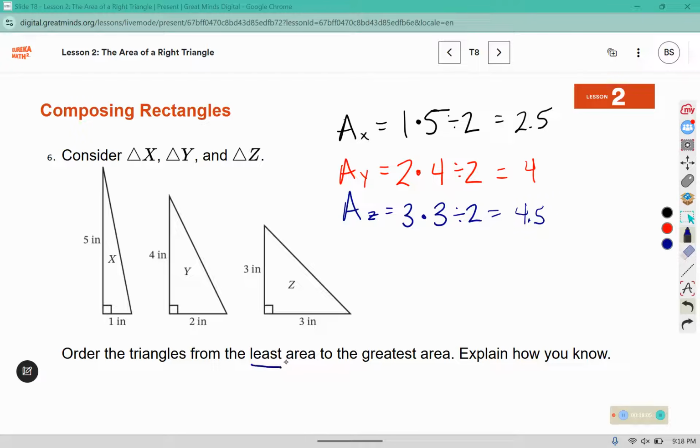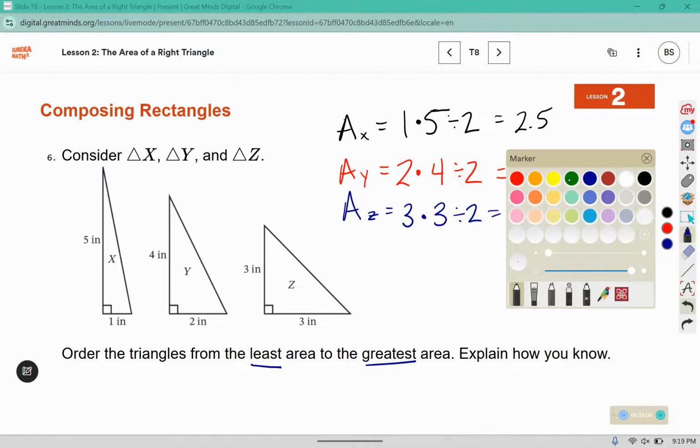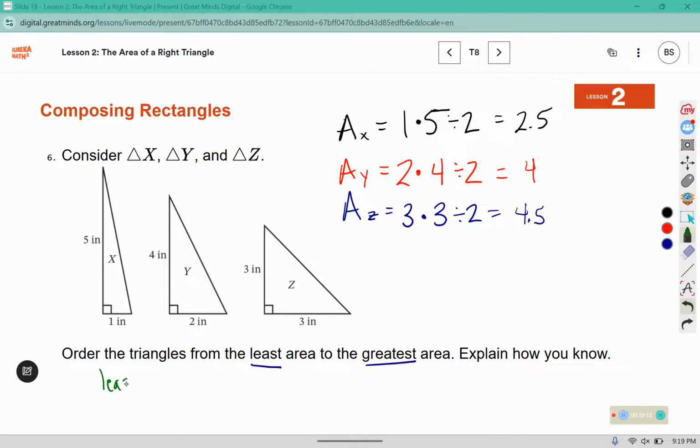So we need to order them from least to greatest. The least is the area of triangle X. Then triangle Y, and lastly, triangle Z. And how do we know?